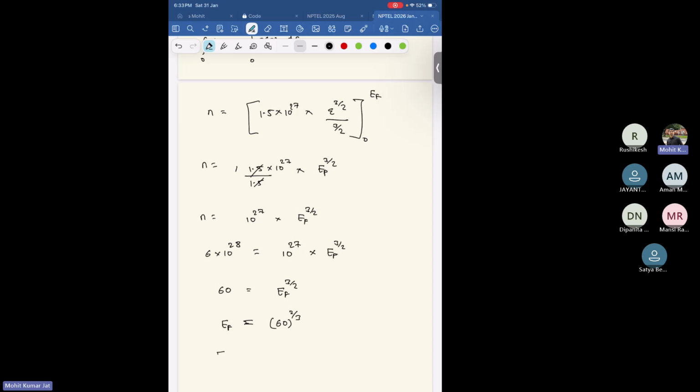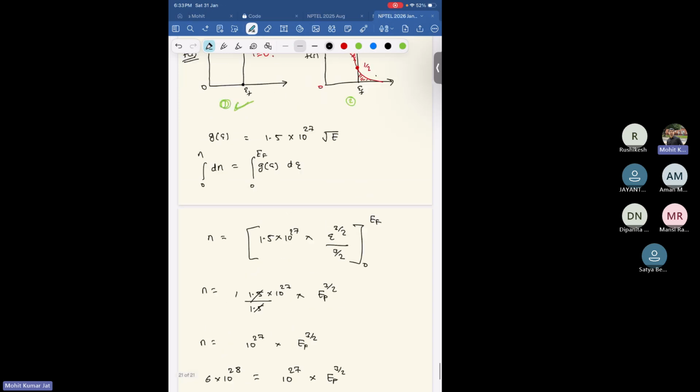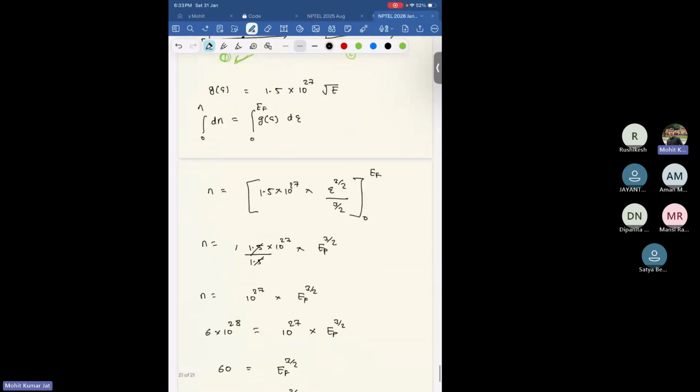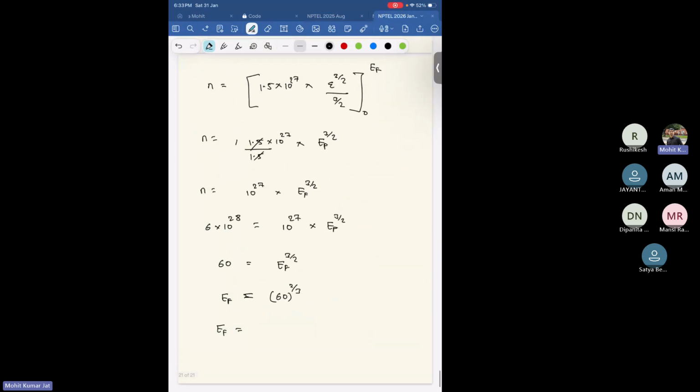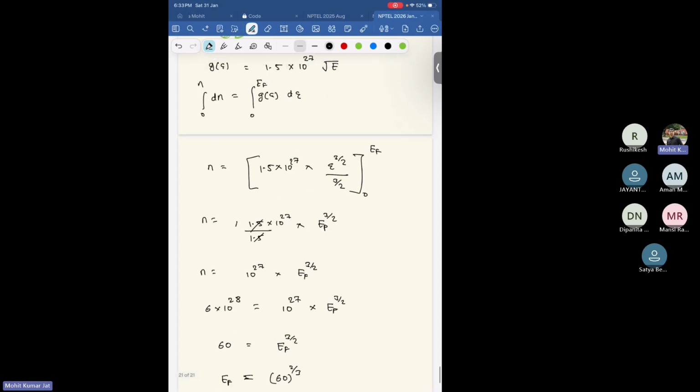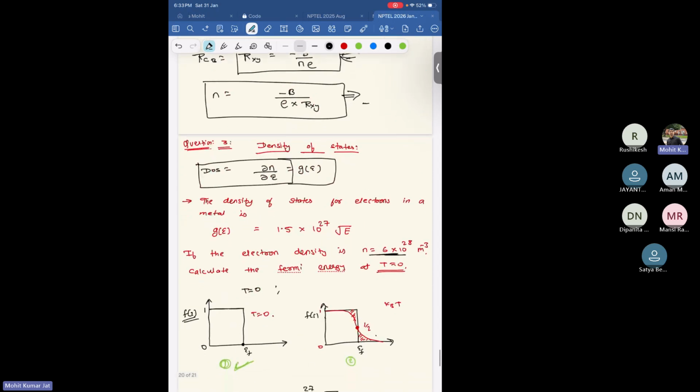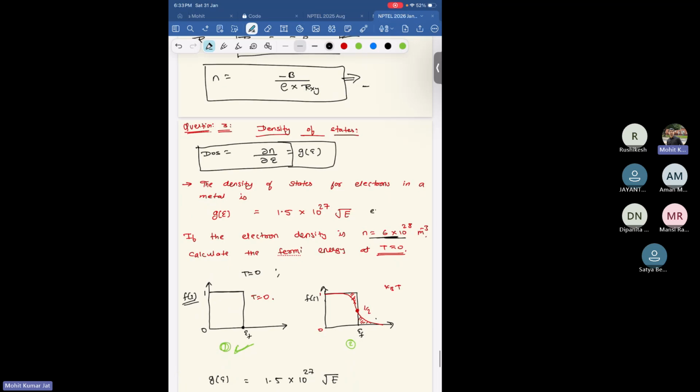And if you do so, you will get 60 to the power 2 by 3, which is roughly around 4.4 eV. Let me just define, its dimension was not defined.